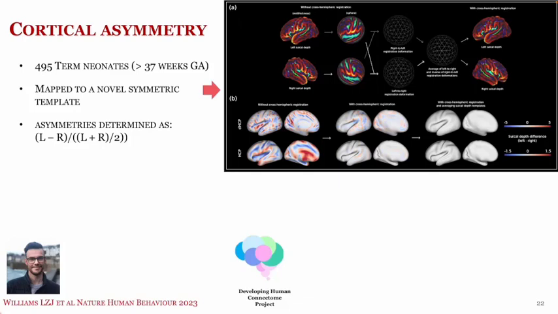And they are best studied on the surface because this allows for data to be mapped to a symmetric population average template, which has been engineered to have interhemispheric vertex correspondence, essentially through taking templates for left and right hemispheres, co-registering these and then averaging them. This therefore allows asymmetries to be simply calculated for each individual by mapping their features to the population average template space and then simply subtracting the left and right hemispheres.